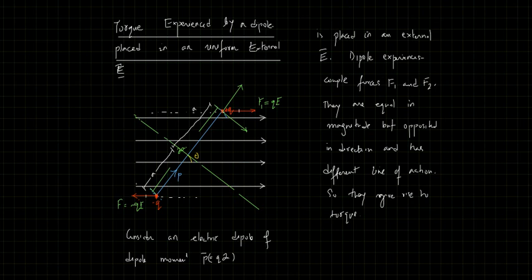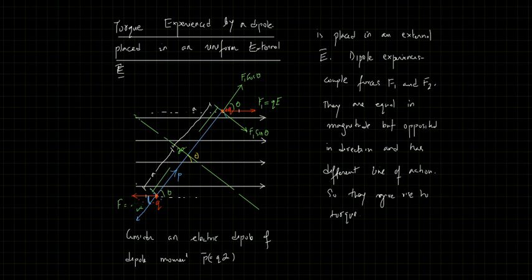So this must be F1 cos theta, and this is F1 sin theta. Similarly for F2, if this is theta, this angle is also theta. Let me extend this a little bit with a separate color.